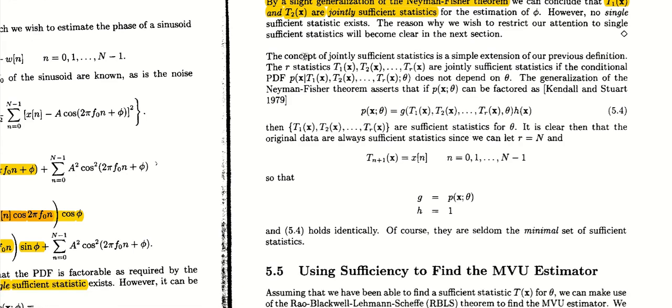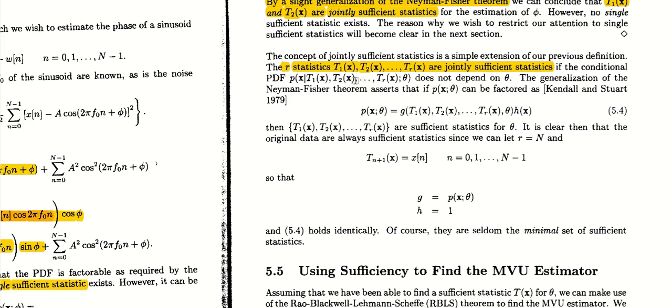Okay, so the concept of jointly sufficient statistic is a simple extension of the previous definition. The r statistics are jointly sufficient. Notice this. The r statistics are jointly sufficient statistics if the conditional PDF does not depend on theta. But it has to be jointly, not one of them.